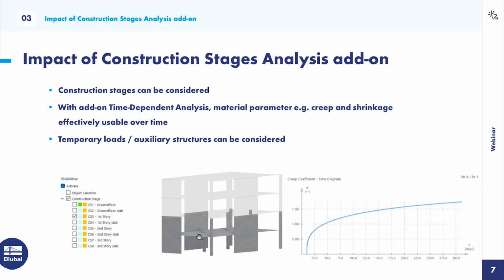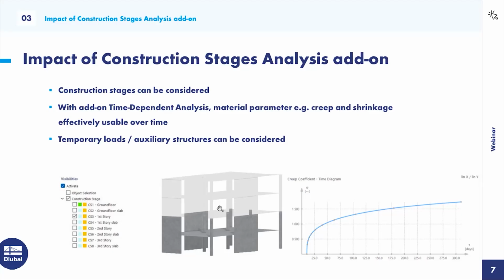Or let's say when you have an additional column here, which has effects on the reinforcement, for example, you can consider this also and add this column in one construction stage and delete it in the next. So you have the option with this add-on to analyze different models, let's say, in one calculation.